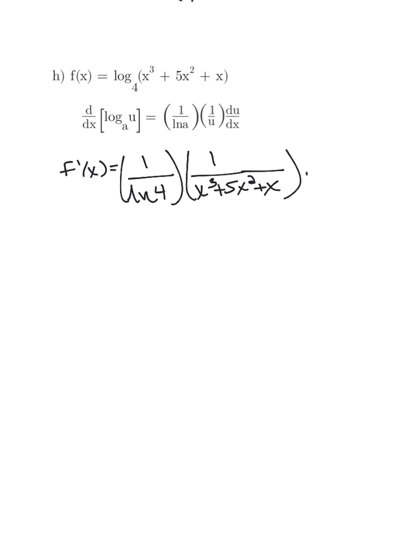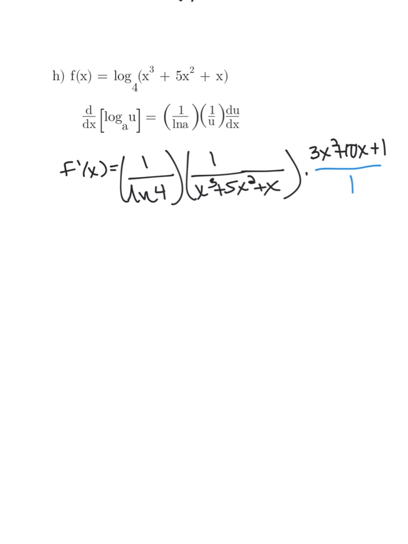Take that times the derivative of the argument, which will be 3x squared plus 10x plus 1. Again, recognize that we could think of this as being over 1.